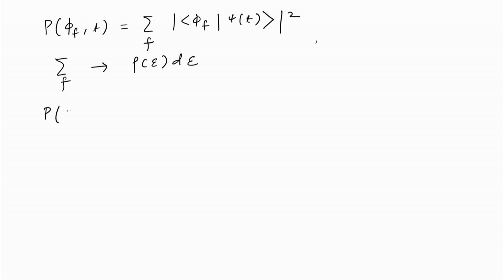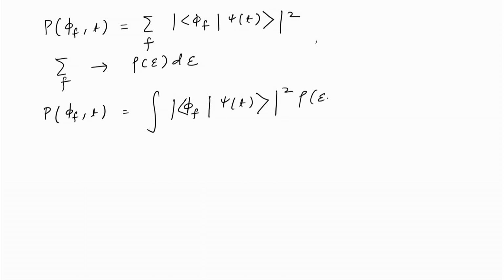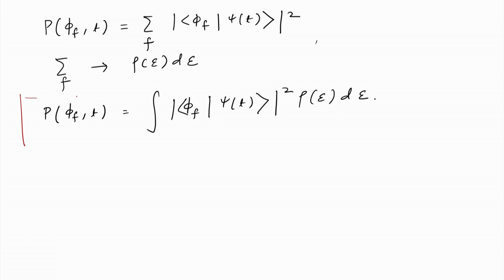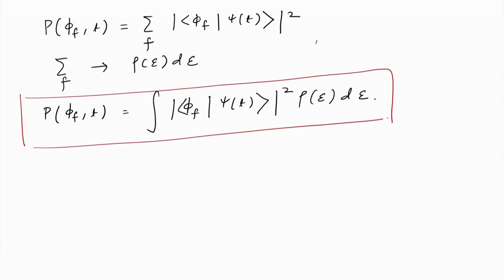Hence, this P of phi f and t has to be integrated over, and one gets the modulus square of phi f psi t, times rho epsilon d epsilon, and this is the final result for that probability for a system to make a transition from an initial state to a final state in presence of a time dependent perturbation.